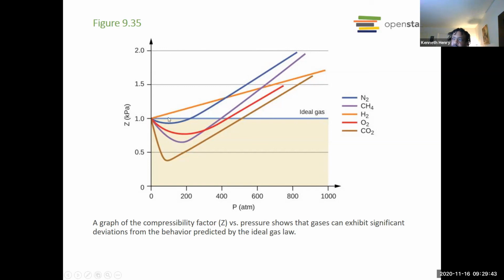Ideal circumstances basically says that your Z, your compression factor, is going to be 1, right? So it's going to be a single line completely straight across, whereas under high pressure, you deviate completely from that. And it doesn't matter the gas that you're talking about. Okay? So yeah, are you with me? Yeah. Okay.